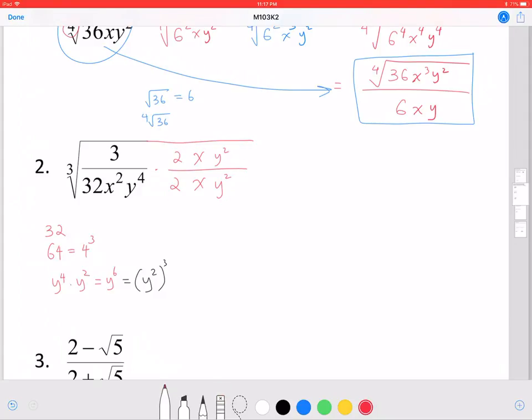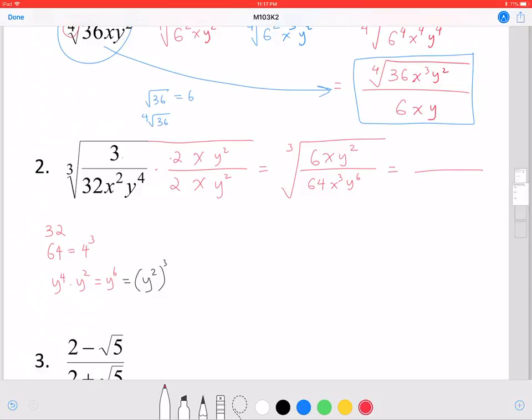Okay, so by doing this, what I have then is on the top 6, because I have 3 times 2, 6xy squared. In the denominator I have 64 x cubed y to the 6th. And that's what I want, because everything in the denominator is a perfect cube.